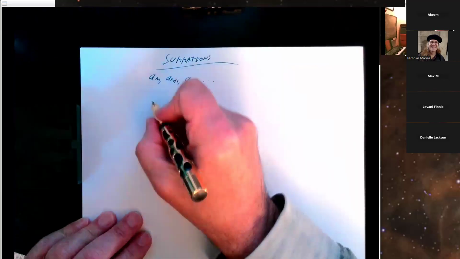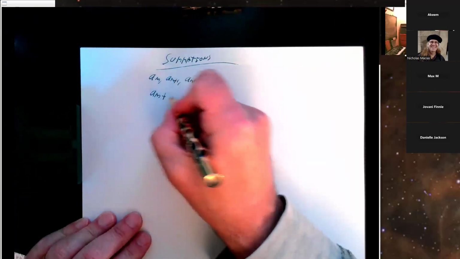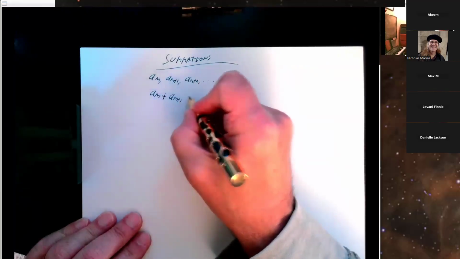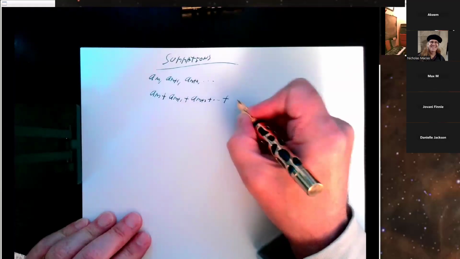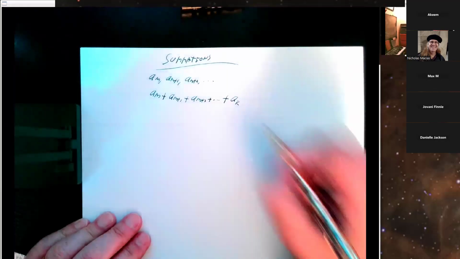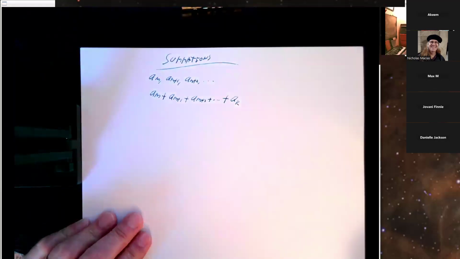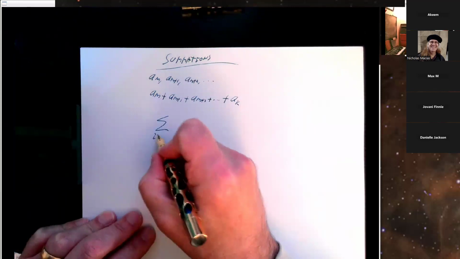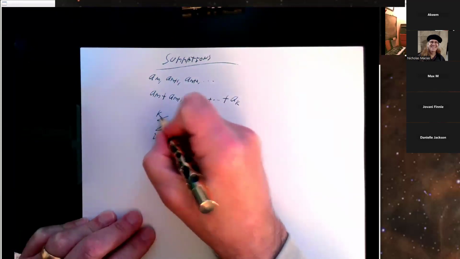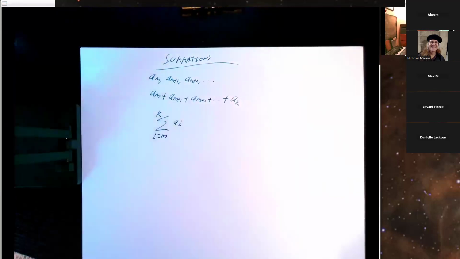And suppose I want to add them together, up to some number a subscript k. So I have a shorthand for this, which looks like that.